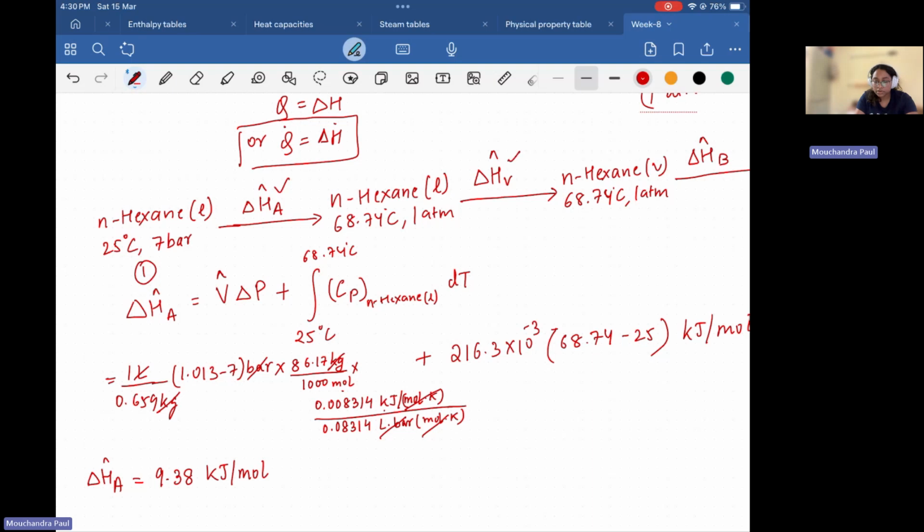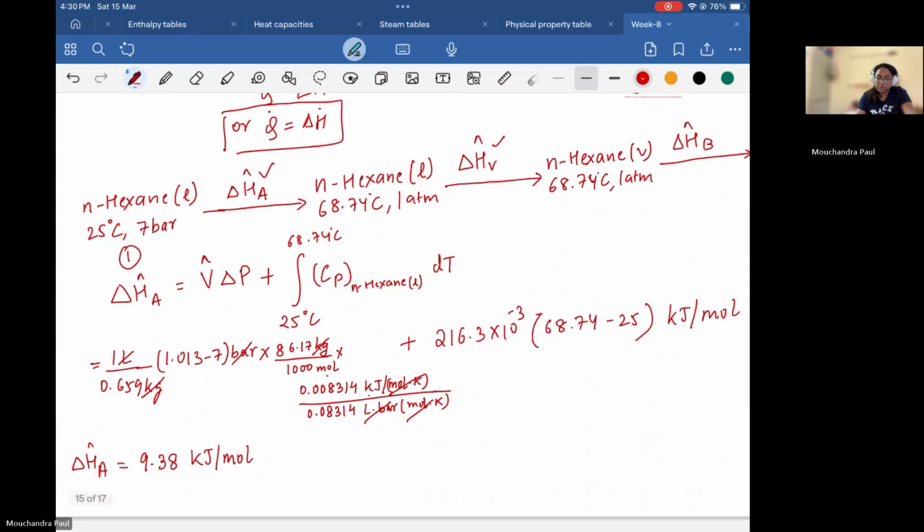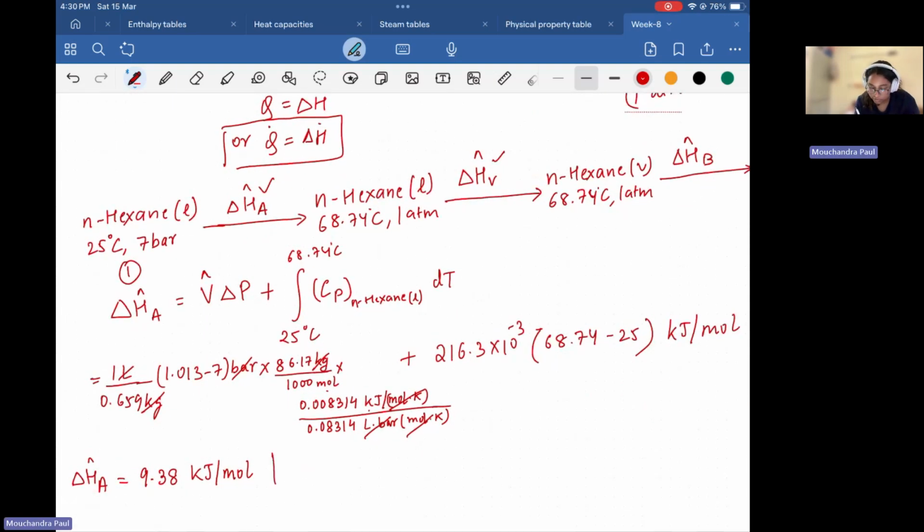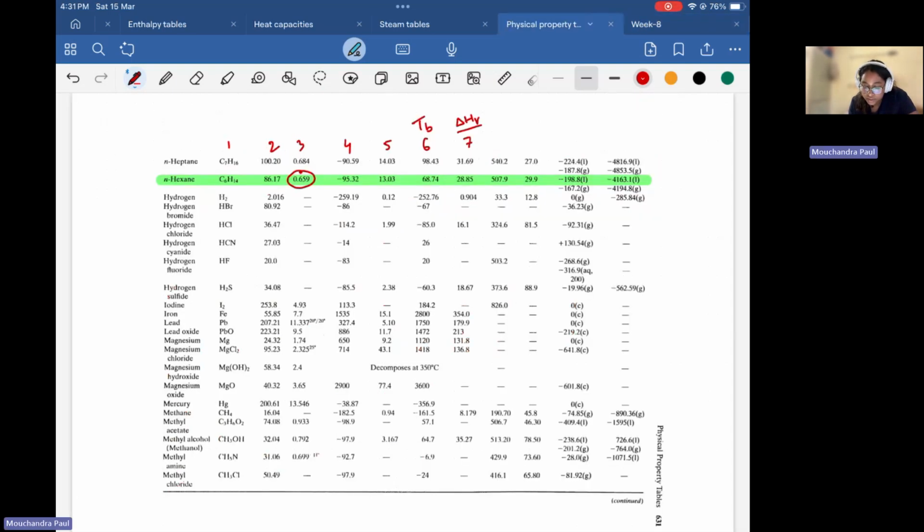We already know delta H V, the heat of vaporization, from the physical property table. Delta H V is 28.85. This one.